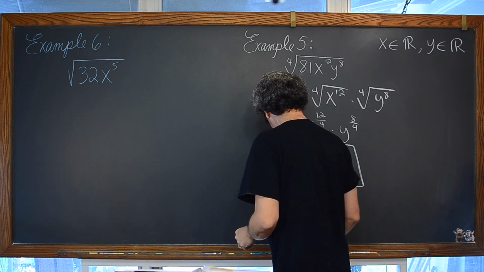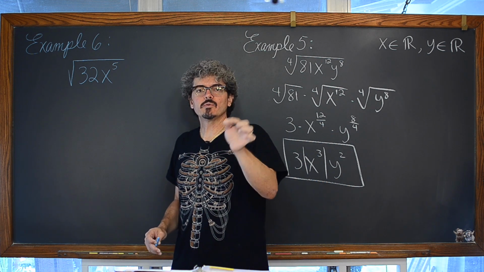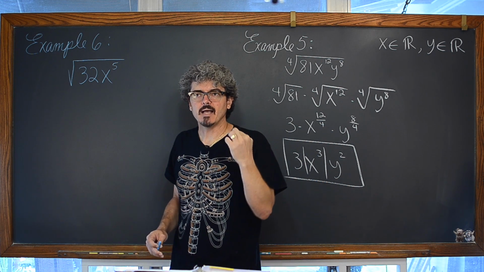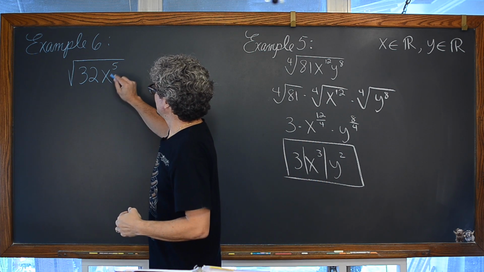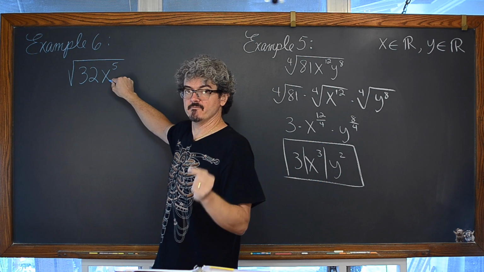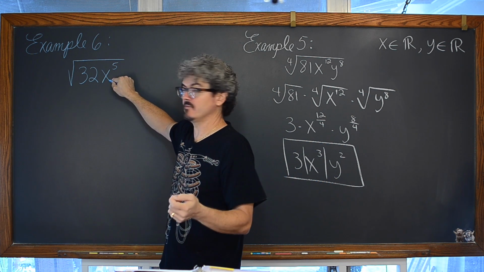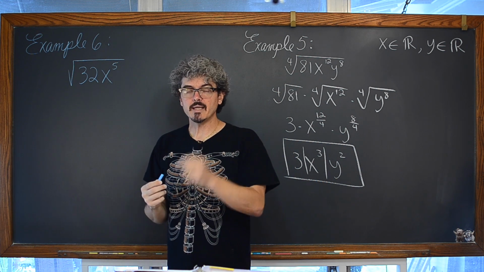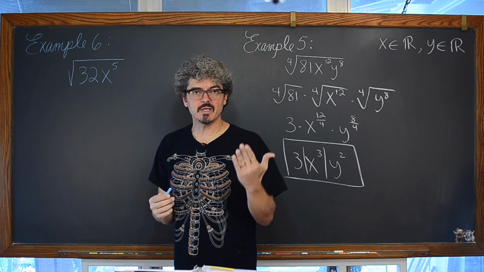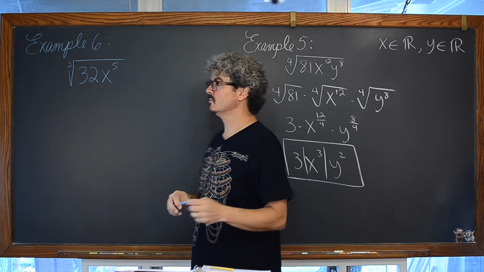Well, that definition, right? The nth root of a has to represent a real number. Now, the variables just represent unknown values. So if x happens to take on a negative number, and we raise that to the 5th power, a negative number raised to an odd power comes out to be a negative answer, but yet we're being asked to take an even root.